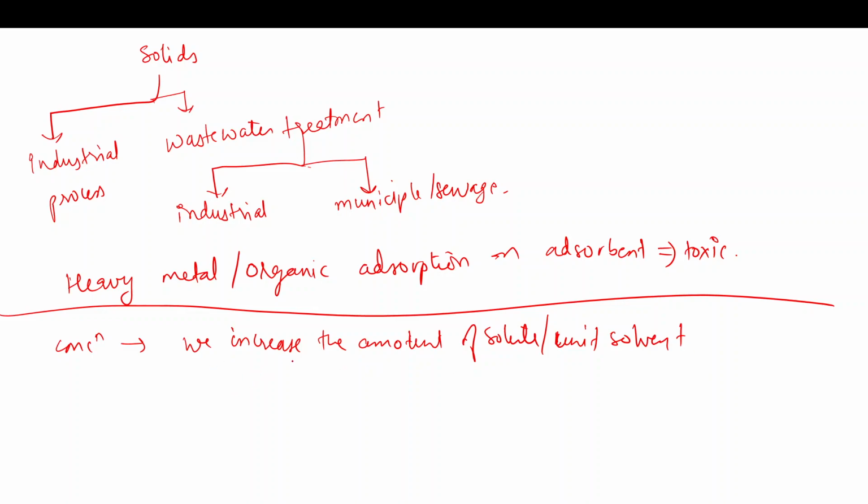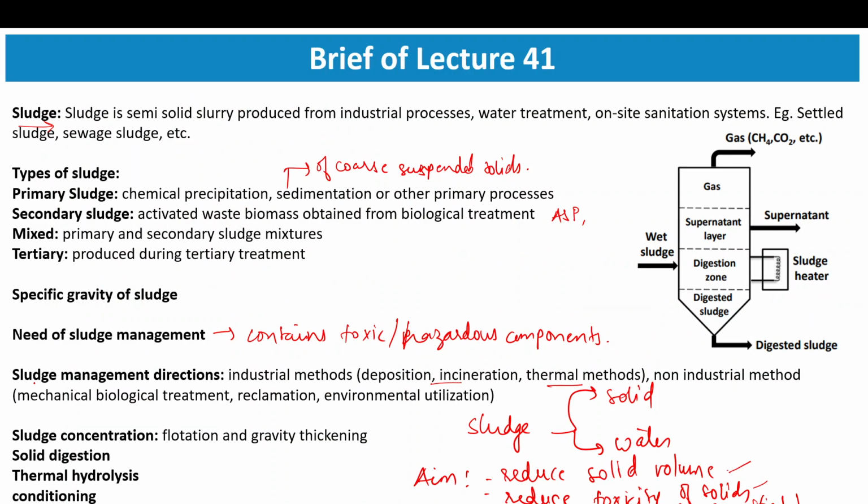So here we try to increase the amount of solid which is present per unit volume of water. So what will this result in? It will result in the recovery of water from sludge, and also later we will be able to separate the solute. So sludge concentration can be performed by two ways, which are flotation and gravity thickening.